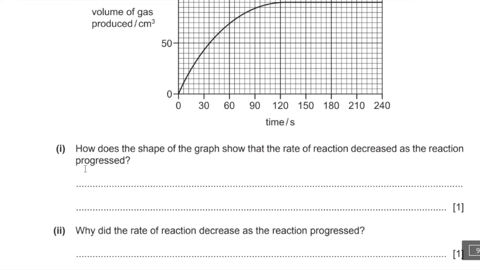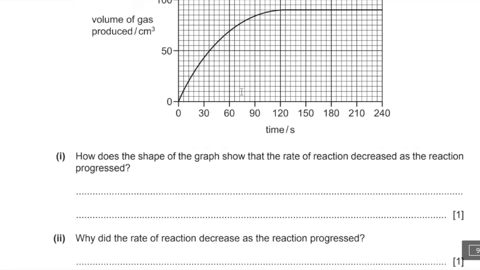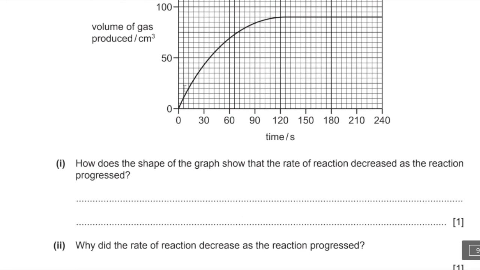We need to use that concept to answer this question. As the reaction progresses, you can see that the distance between the slope and the y-axis increases, meaning the value of the gradient decreases and the slope becomes less steep, which means this reaction gets slower. The rate of reaction gets slower.